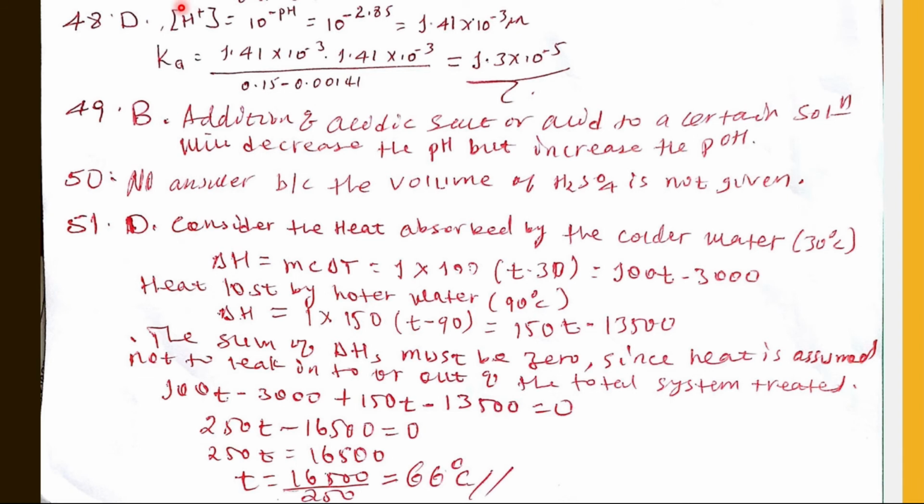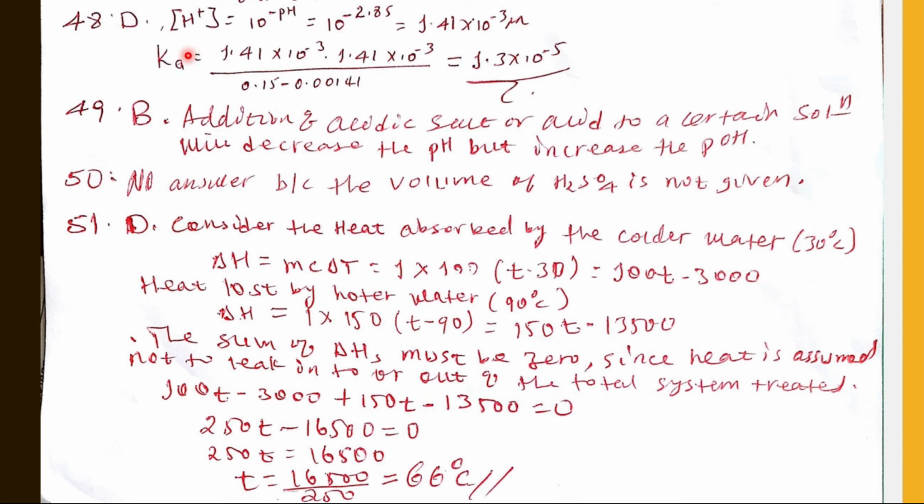Here you are given the acid concentration and the pH of the solution. When you are given the pH, you can calculate what? The hydrogen ion concentration, because hydrogen ion concentration is equivalent to the anti-logarithm of the pH value. So 10 to the power of minus pH, that is 10 to the power of minus 2.85, which gives you 1.41 times 10 to the power of minus 3 molar.